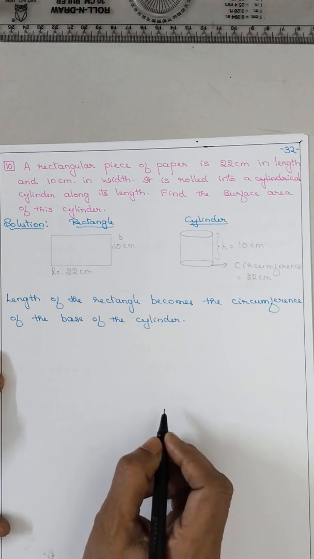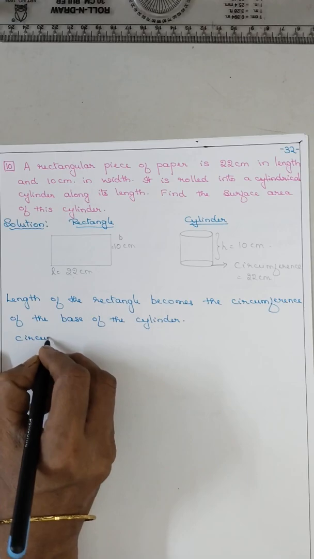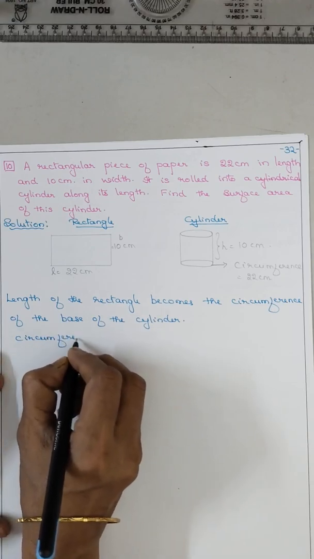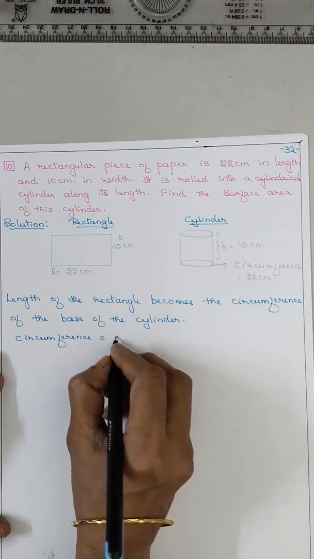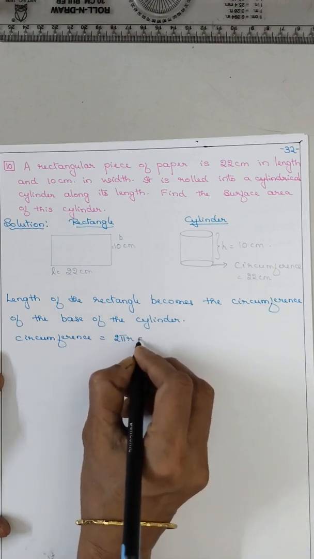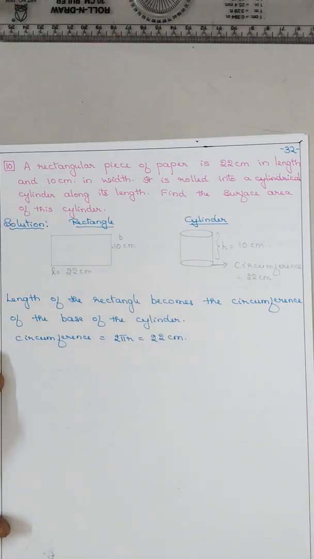So in terms of the cylinder, what is the circumference? Circumference is 2 pi r. It became 22 centimeter.